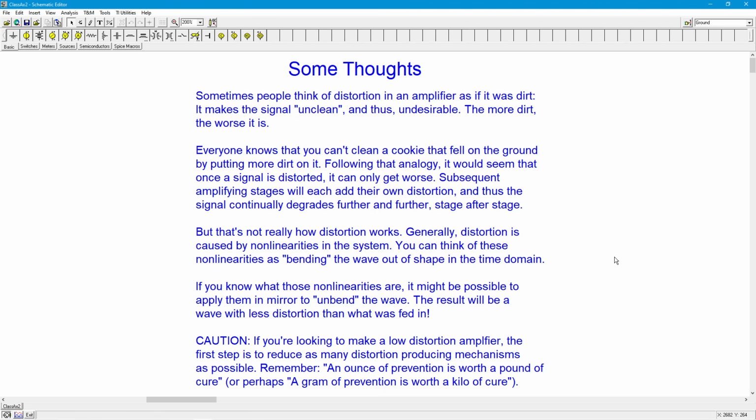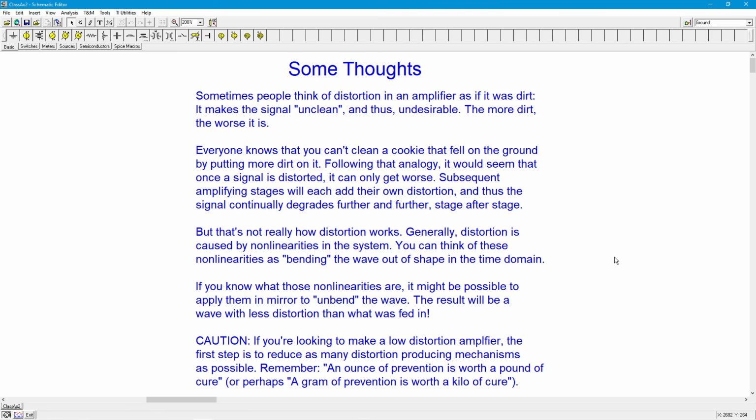Now you might just say, well, I don't care if it's dirty, it's a cookie. I'm going to have the cookie. But a parent or a friend might say, hey, you dropped the cookie on the ground, it's dirty. You would never consider rubbing more dirt on the cookie to make it clean. That's like crazy. You would not do that.